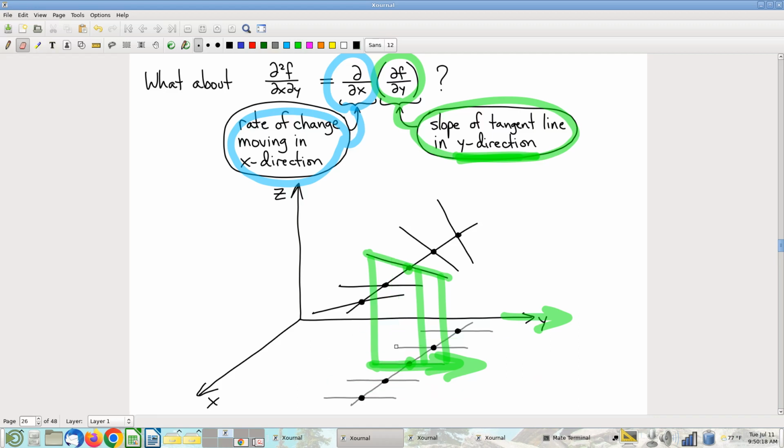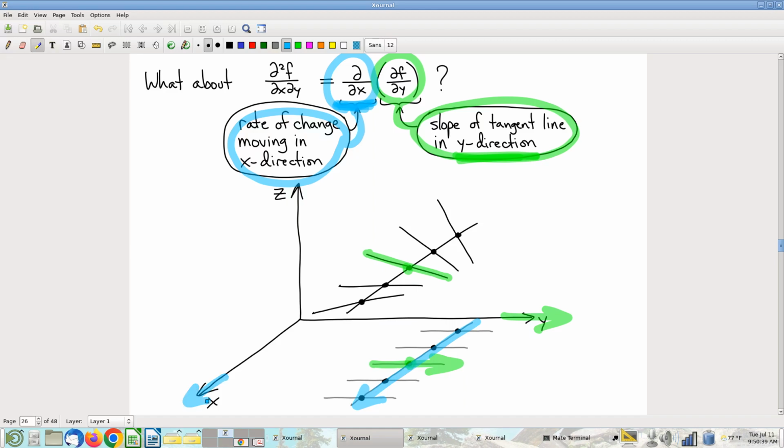Okay. Alrighty. So that said, what do I do with this x partial of the y partial? I'm going to need to understand how those slopes are changing as I move in the x direction.